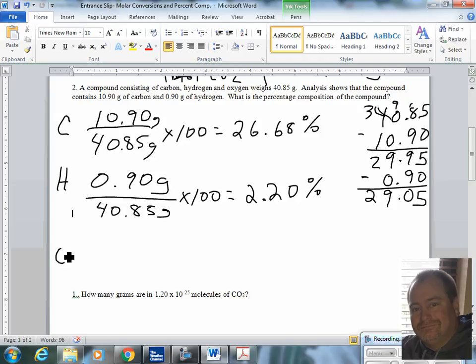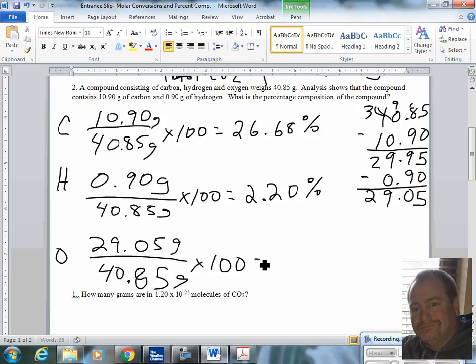And finally, the oxygen, which I just calculated, 29.05 grams of the 40.85 grams. Multiply that by 100. And it gives me 71.11%.